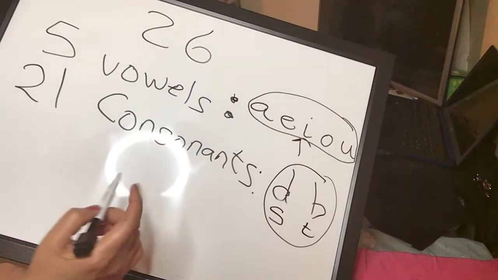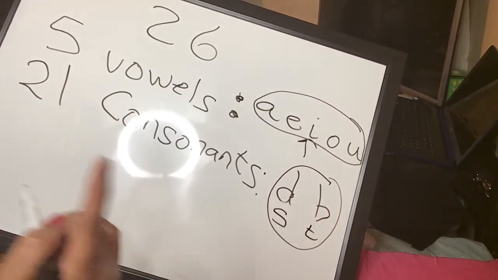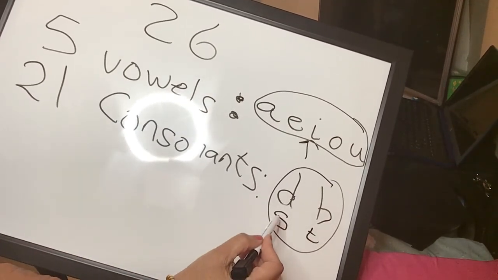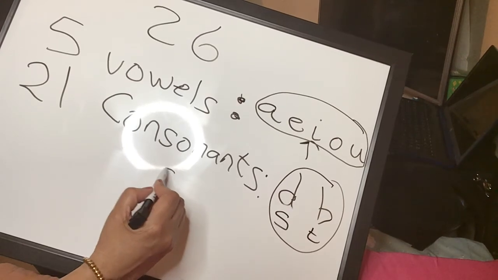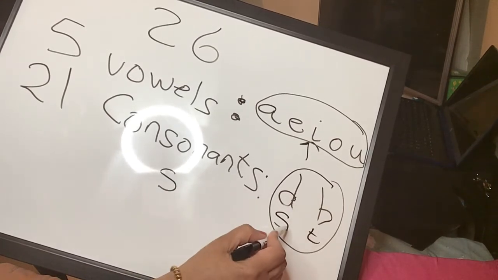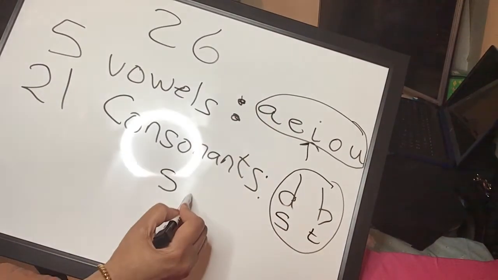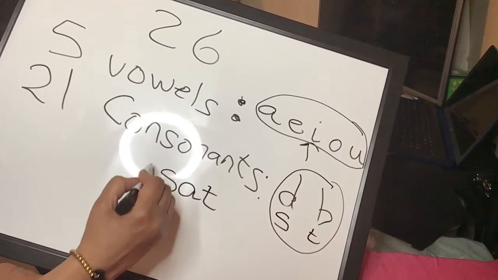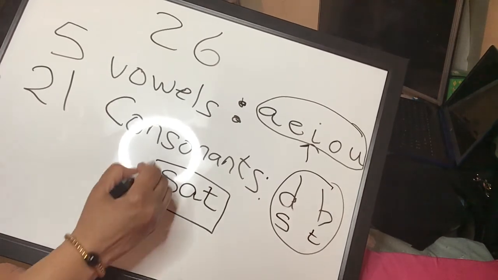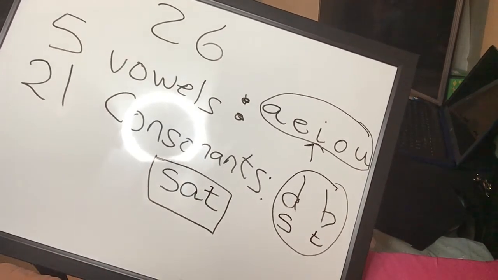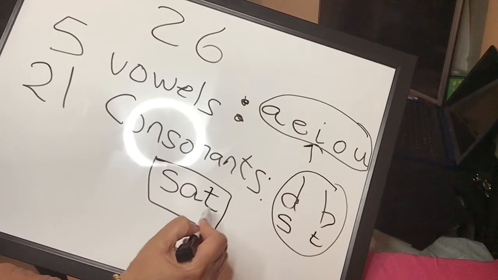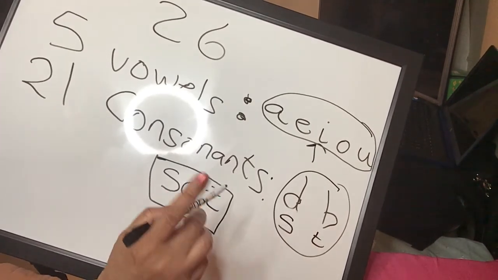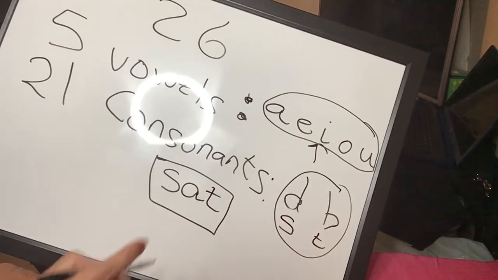For example, if you want to write the word sat, you would take this, sat, S-A-T. You have the word sat, but I will show you more later. This is how you form words so that you will be able to make sentences and learn how to read.